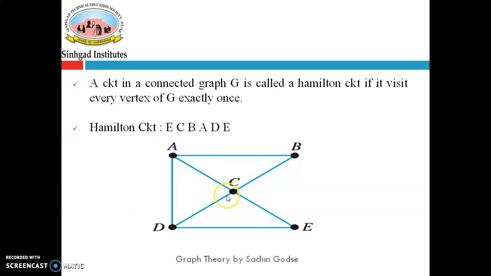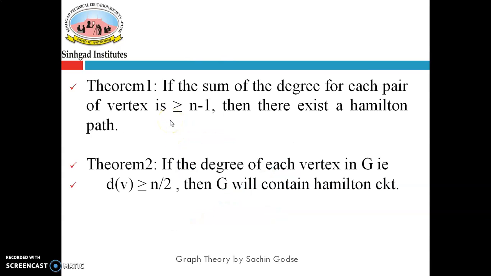So a Hamilton path is called a circuit if it visits every vertex of the graph exactly once, with the exception of the starting and ending vertex, because we know that in case of a circuit, the starting and ending vertex are the same. So the starting and ending vertex will obviously repeat once. But in between, if you see no repetition of any vertex, then it is called a Hamilton circuit.